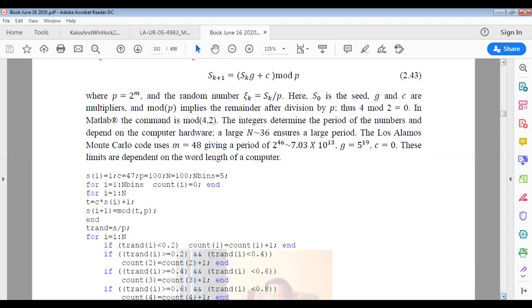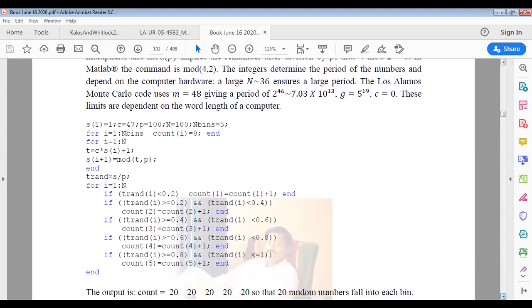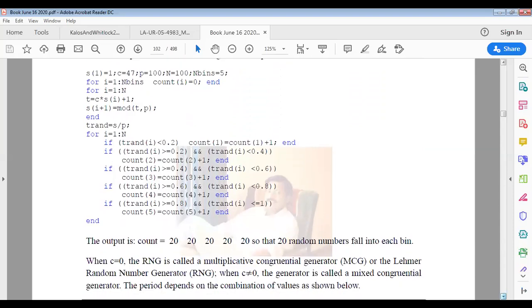Now you don't have to worry about the hardware and the software, because the codes these days have very good random number generators. Now, just to satisfy yourself, here's a little Matlab program I put before you that just puts a seed of 1 and takes the value c as 47, P as 100, and let's say capital N is 100. So let me generate 100 random numbers for you.